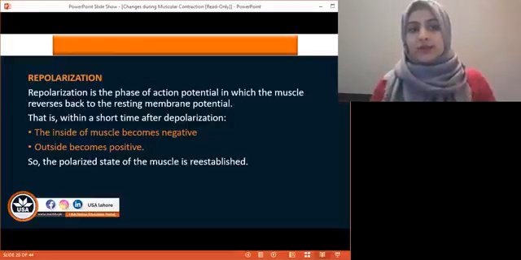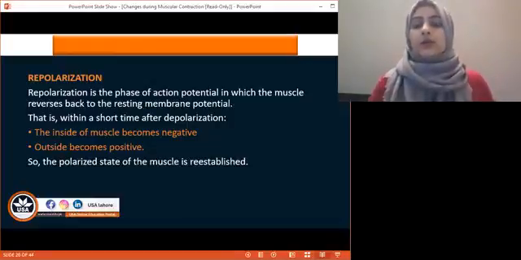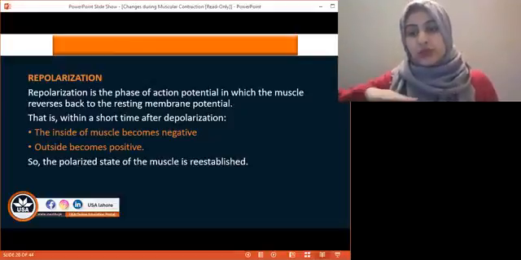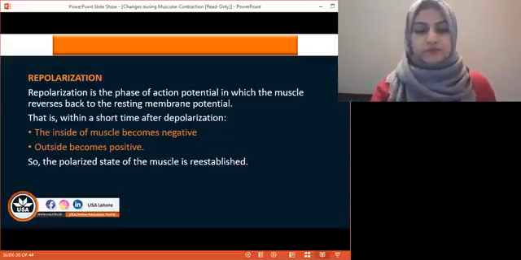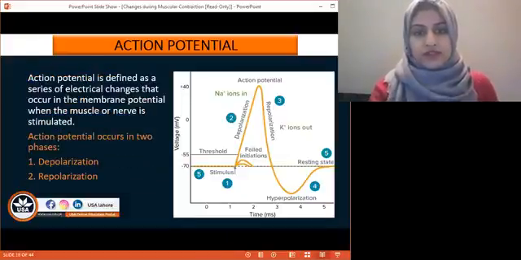During repolarization, the inside becomes negative again and the outside becomes positive again. This is important because once the muscle has contracted, we have to bring it back to the condition when the muscle can go into the resting membrane potential. You can see it over here. This is repolarization.